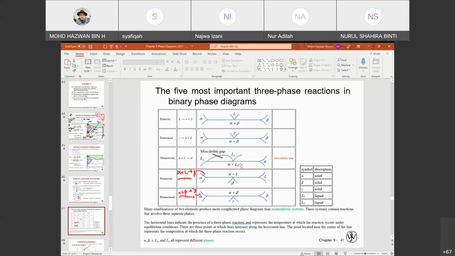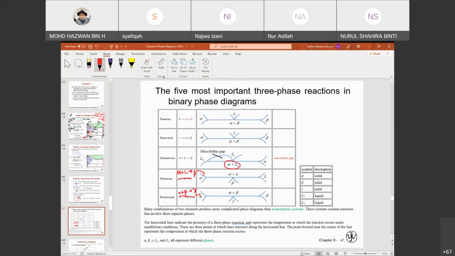In this case, if we read the phase diagram, it shows you that the lower one is the reactant and the side one is the product. This shouldn't be alpha, this should be beta. So that is why later on you will see that the reaction will be alpha plus liquid equals beta.